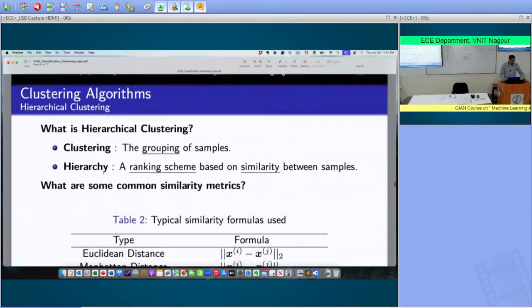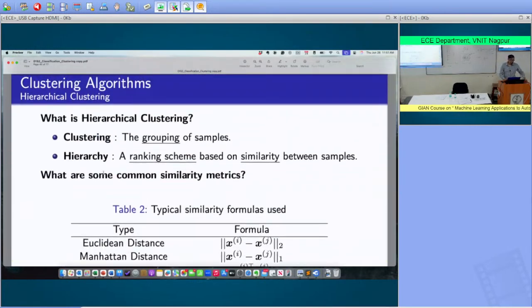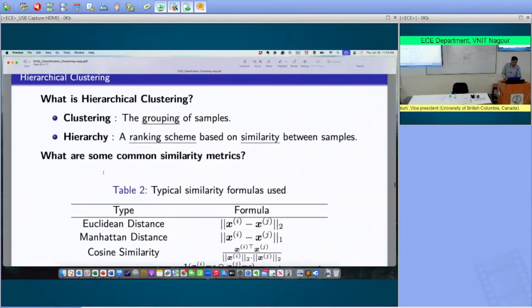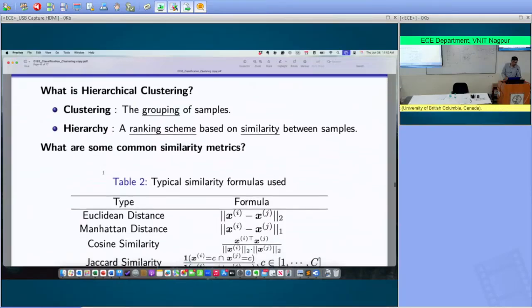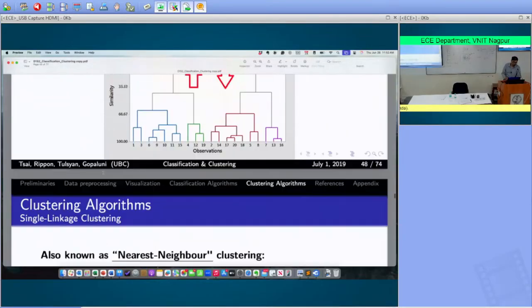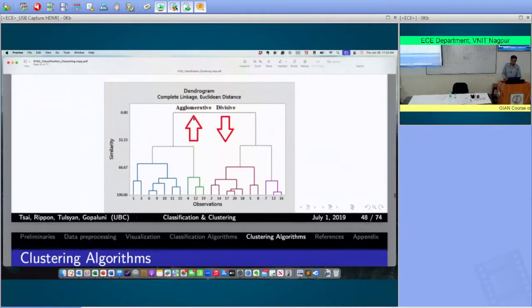Okay. There is another very popular clustering algorithm called the hierarchical algorithm. This is what I want to skip, but I encourage you to read through these slides. I'm going to give you the slides, so please go through them. You'll also find a lot of information on hierarchical clustering. There's a picture here that sort of explains it. There are different ways you can have agglomerative clustering or divisive clustering.